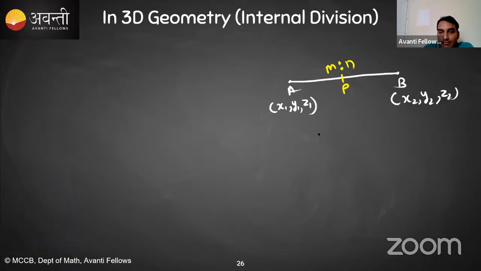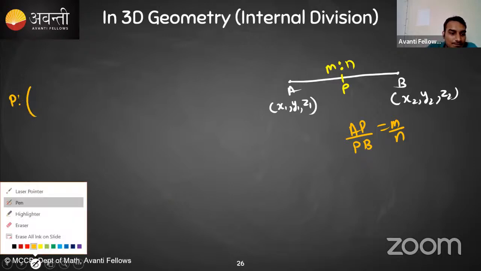Tell me, coordinate of P क्या होगा? m is to n means again the same thing. AP upon PB is nothing but m by n only. Means find the AP distance, find the PB distance and divide them, then you will get m by n. That is their meaning.